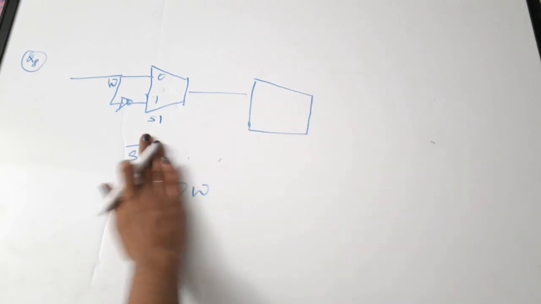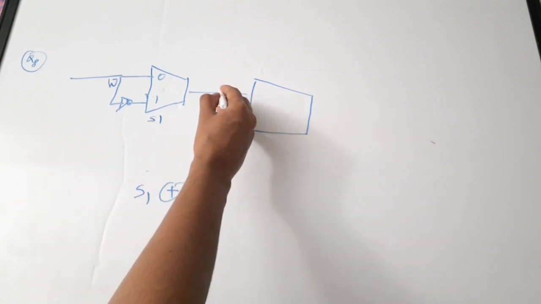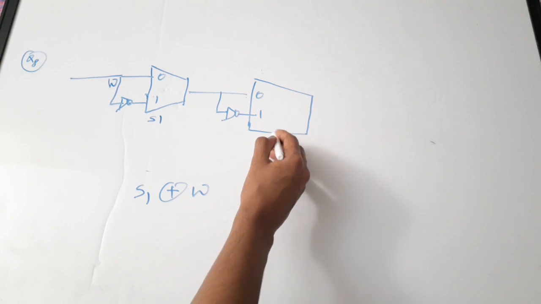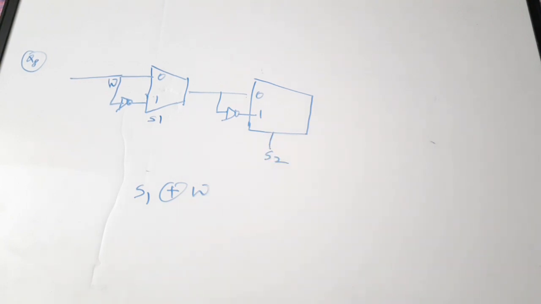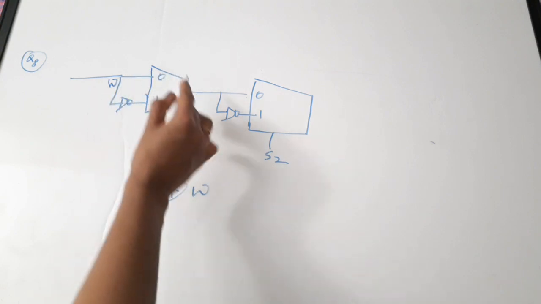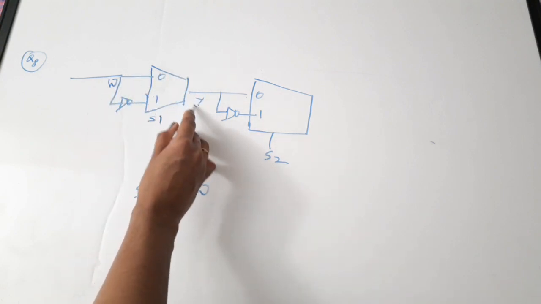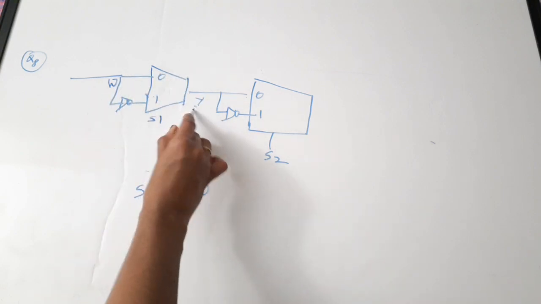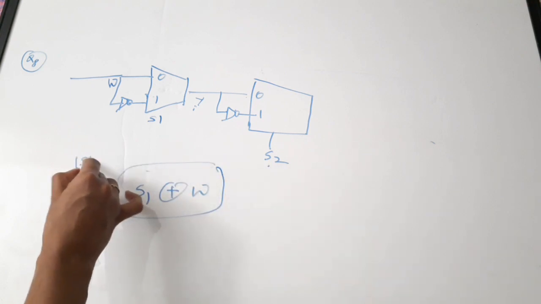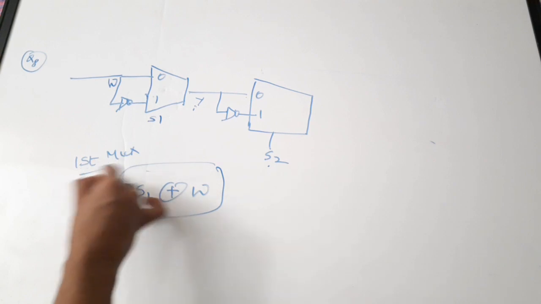I'm going to take it as a second multiplexer. 0 and 1 and then S2, right? Similar way. So this is nothing but a XOR operation of, consider the output of the first mux is Y. Y is getting XORed with S2. So this is for the first mux, right?